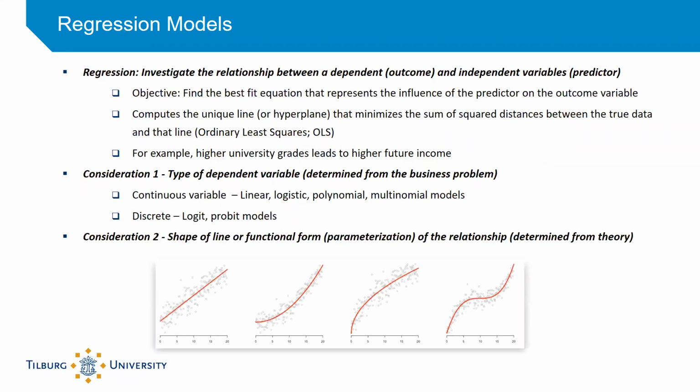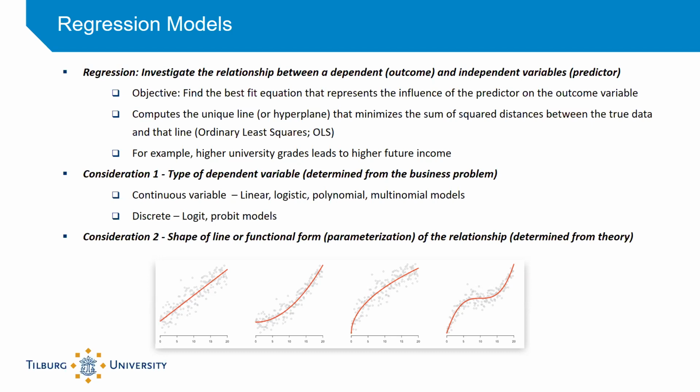The second consideration, of course, is the shape of the line or functional form. That is, what is the relationship between the dependent and the independent variable? In some cases, it's very simple. We can make the assumption that they are linear. Higher grades result in higher future income linearly.